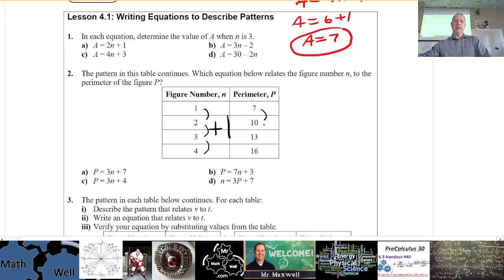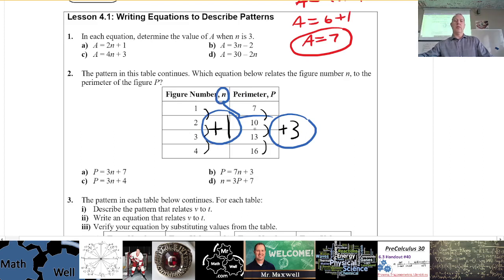This is a consistent change of plus what? 3. Yeah, plus 3. So how does the figure number relate to the perimeter? Well, it looks like we should go 3 divided by 1 times n equals p. And that's where we should start.